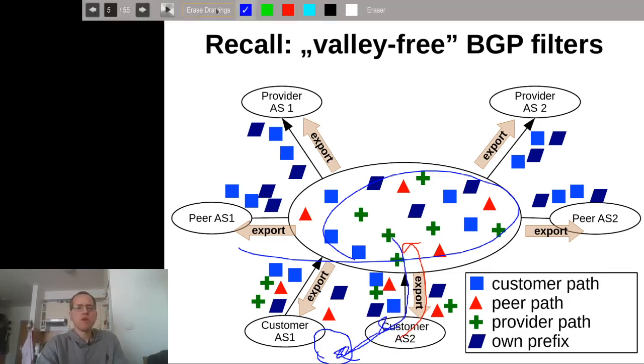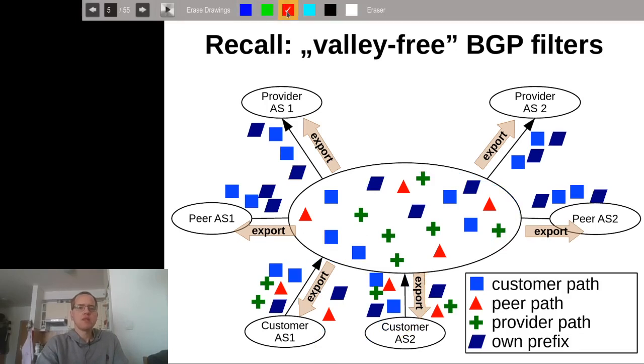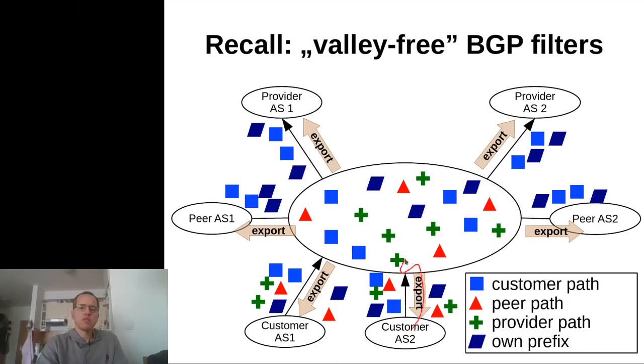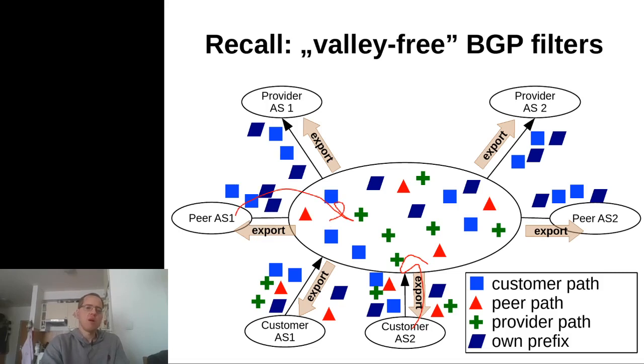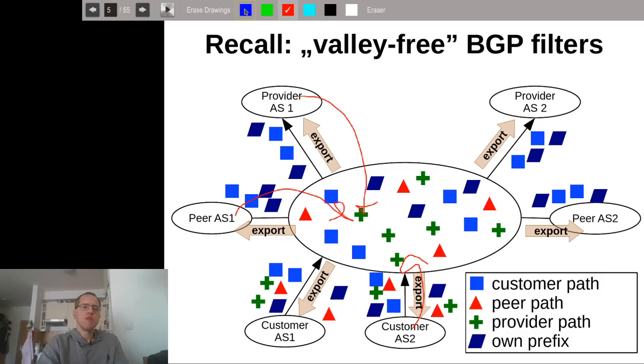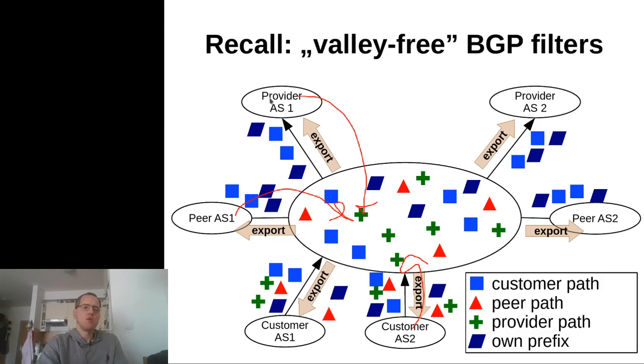So these types of announcements that come from customers, in this very simple figure, will be denoted by these little squares. Then we also have peer BGP announcements which come from our peers, and we also have provider announcements where a provider actually wants us to know that it is willing to route our traffic to a remote IP prefix.